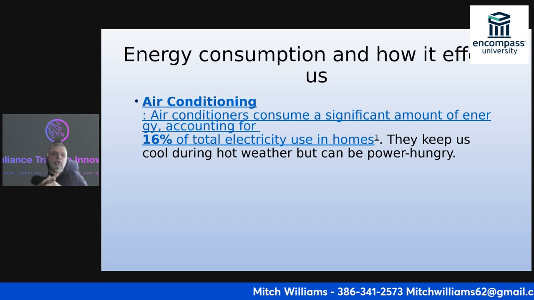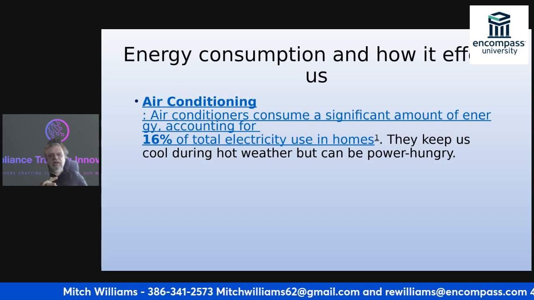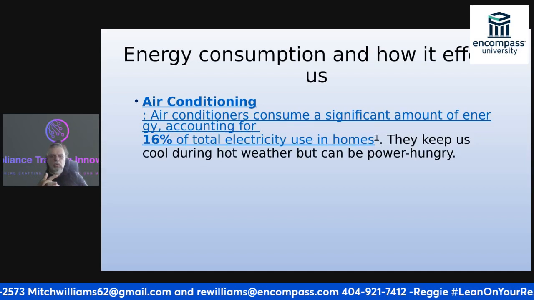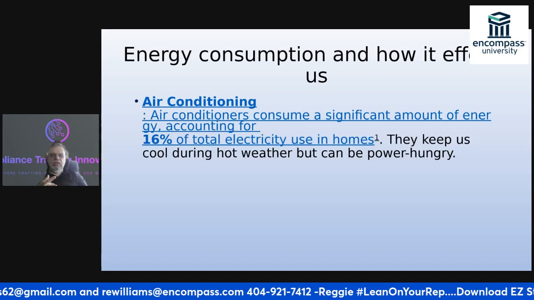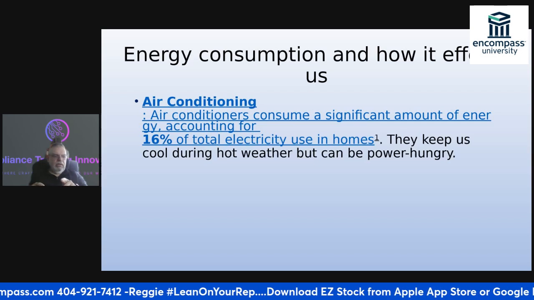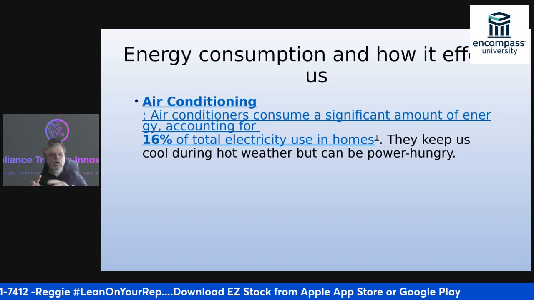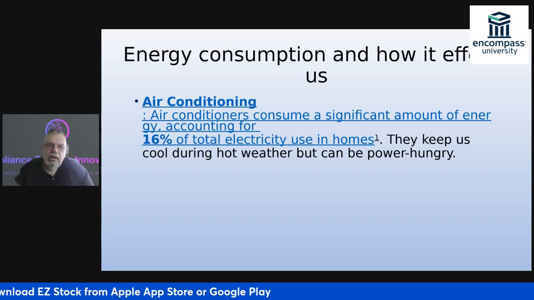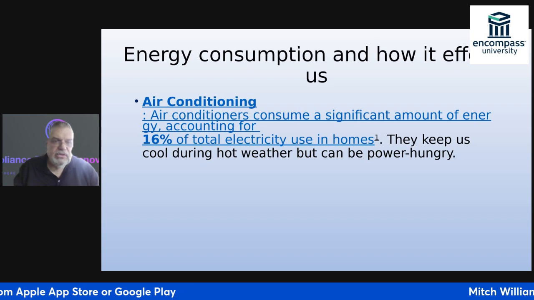So let's talk about energy consumption. Air conditioning uses about 60% of the total electricity in a home. They are very power hungry. As we go through, we're going to talk about a couple of things on the spectrum.